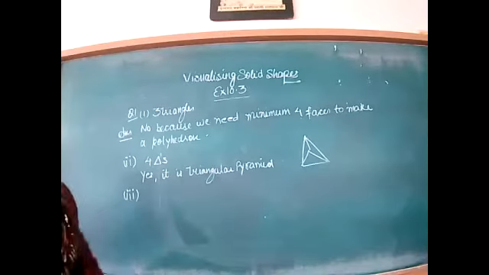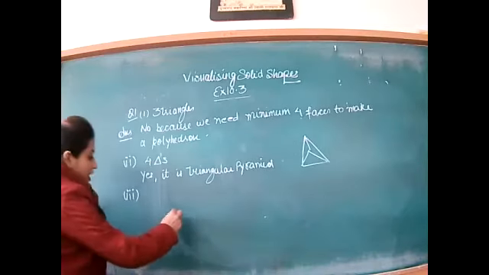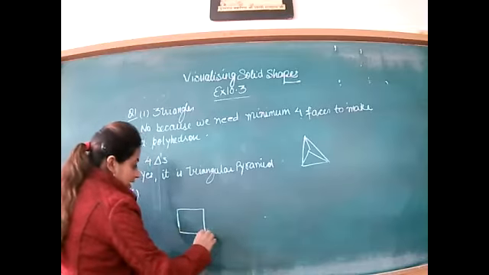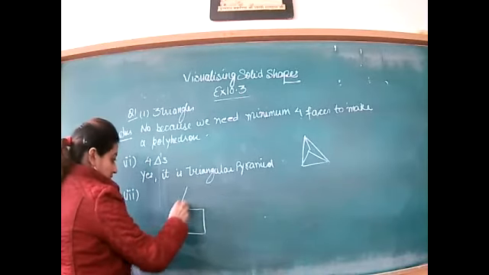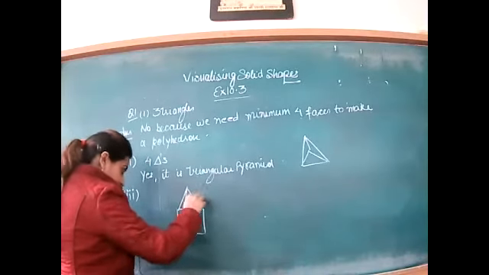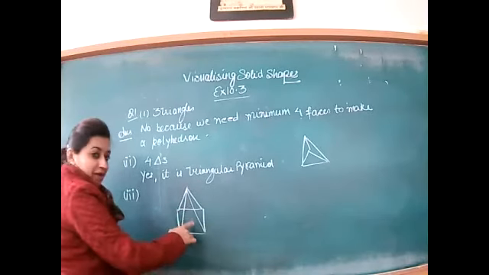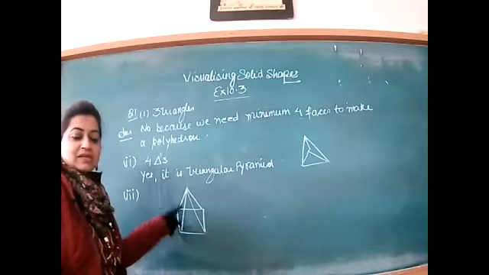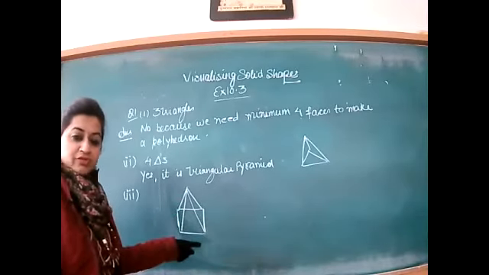Third part is, can we make a polyhedron which has a square and 4 triangles in the top? 4 triangles. Which figure is this? One square I have made in the base, and 4 triangles are there in the top. So which figure is this?